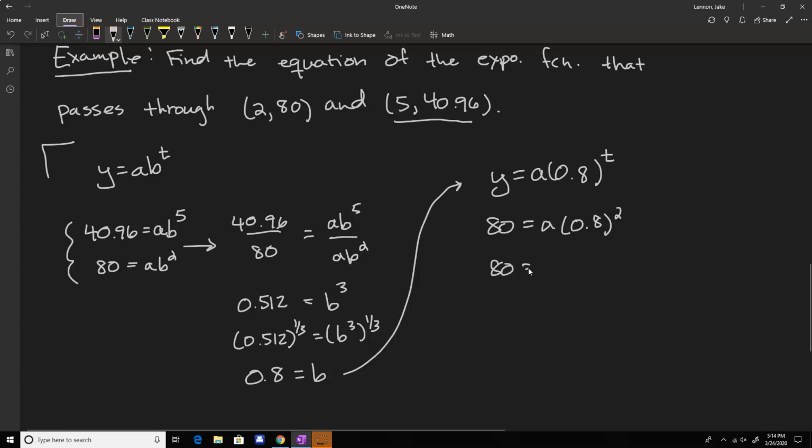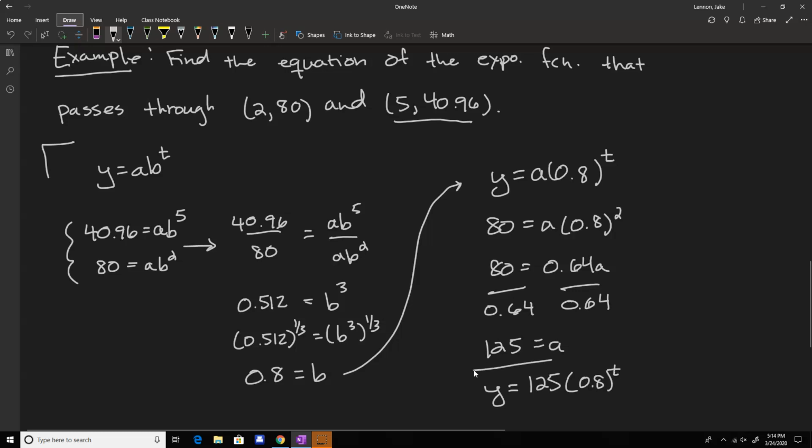So 80 is 0.64 times a. We can divide both sides by 0.64. So we end up with 125 as our value of a. So our exponential formula in this case is 125 times 0.8 to the t power. So that is the answer there.